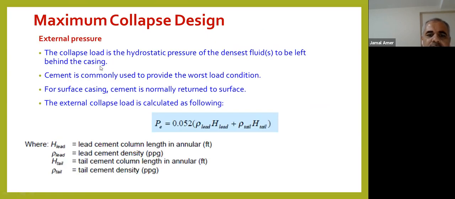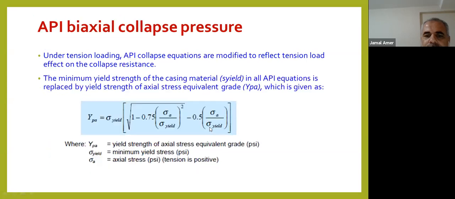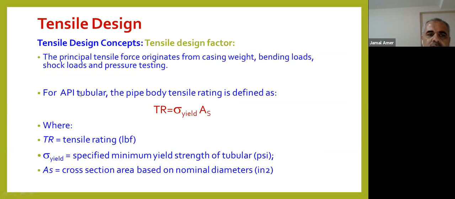Maximum collapse design, we have this equation. Effect of biaxial also. Tensile, what is the tensile? This is the third one we calculate. After we calculate the burst and collapse, and also after considering the biaxial and triaxial load on the burst and collapse, then we calculate tensile design by this equation.